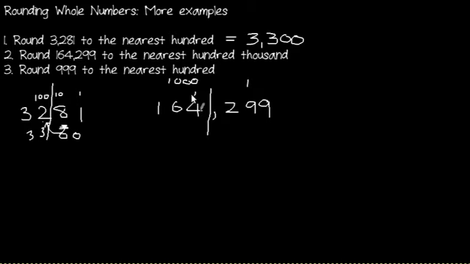So again, ones, tens, hundreds. So this is the 100,000 column, and we want to do the cutoff there and check the number behind that. When we check the number behind that, we see that that's a 6. 5 or greater, yes. So this becomes 2. And again, we just fill the rest in with zeros.